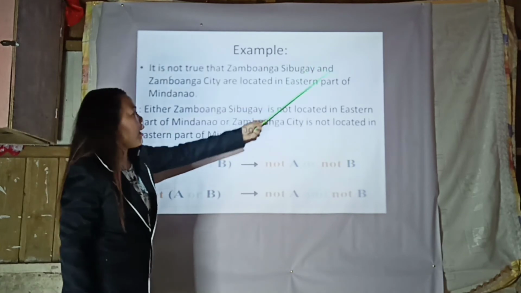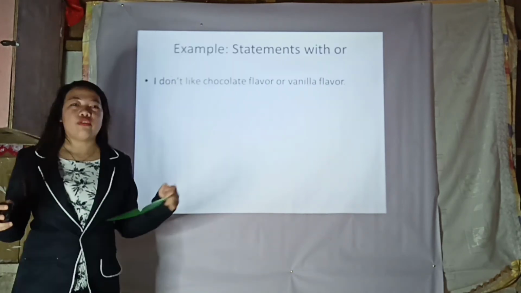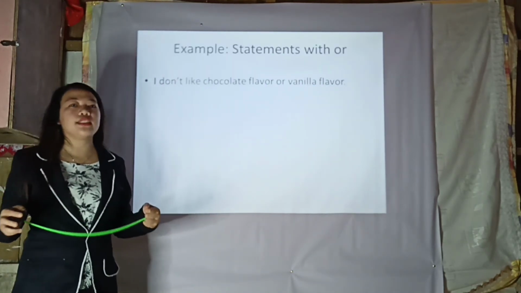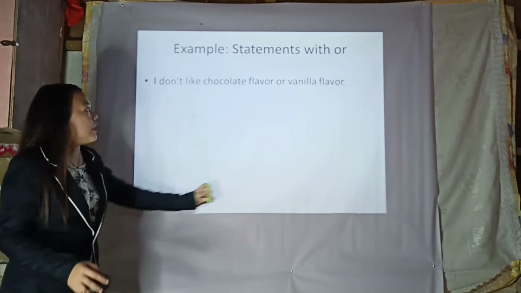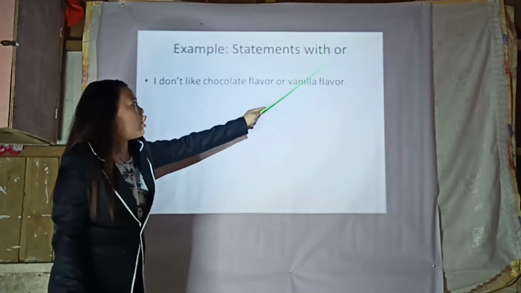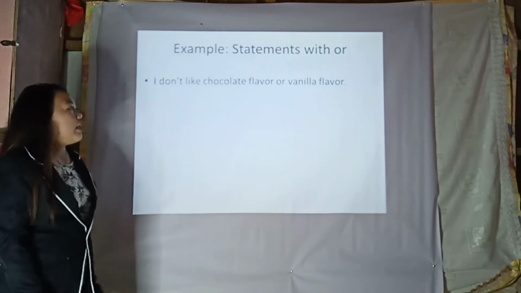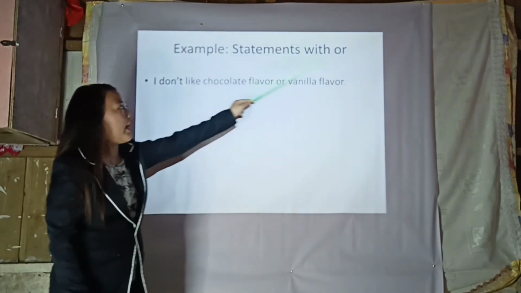So the negation of and would be or. The first law of De Morgan's laws of logic has or with or. And the second is with and.